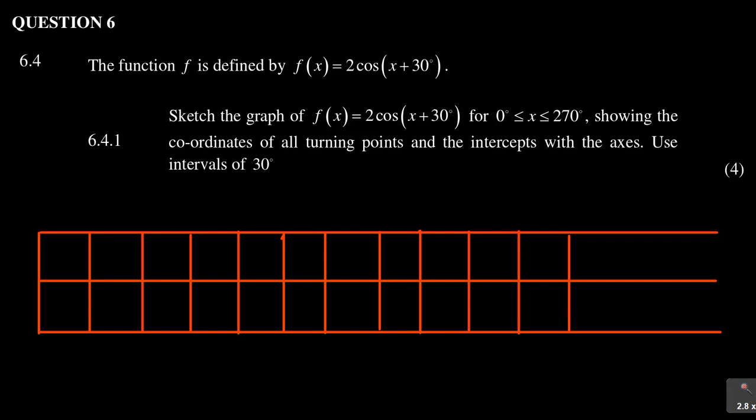Let's check. Remember, the first row is my x values and the other one is my y, or my f of x. Whatever you call it is fine. Let's call it the y values. They say you start from 0 until 270.